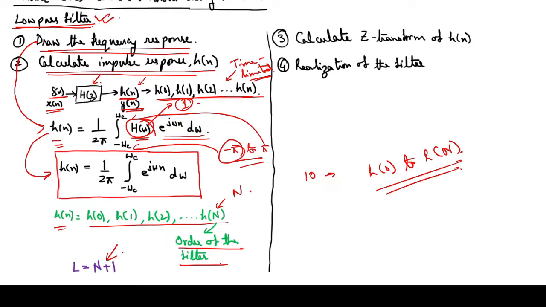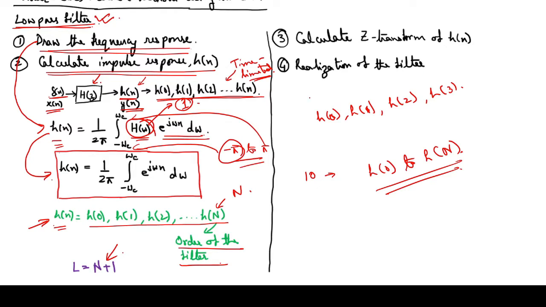Now, once you have got this h[n], determining the transfer function becomes quite easy. Why? Because I have already told you, suppose you have a series of numbers h0, h1, h2, h3 and so on.